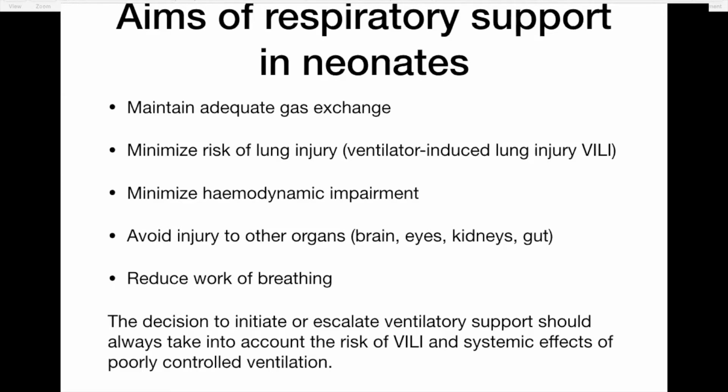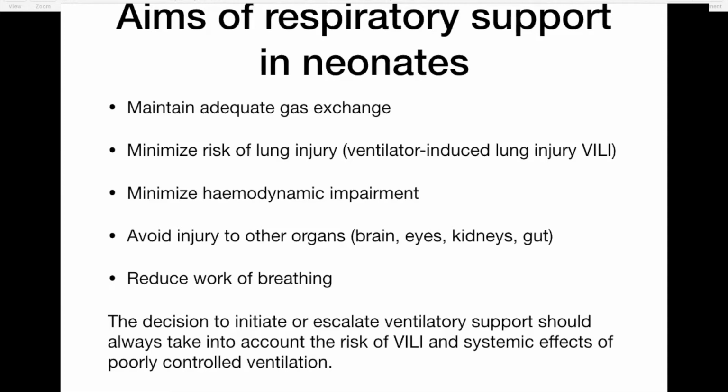So what are we aiming for when we are providing respiratory support to our babies? Of course, we would like to maintain adequate gas exchange, but at the same time, we would like to minimize the risk of lung injury, which is called ventilator-induced lung injury. We need to minimize hemodynamic impairment, and of course, to avoid injury to other organs like our brain, eyes, kidneys, and gut, and reduce work of breathing.